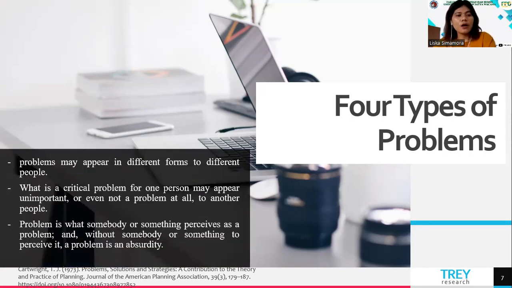So problems may appear in different forms to different people. For example, let's take a look at learning style. You may have a learning problem, and me too, but the form of our learning style is different.